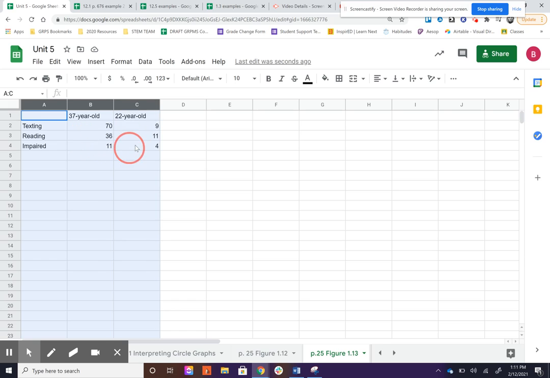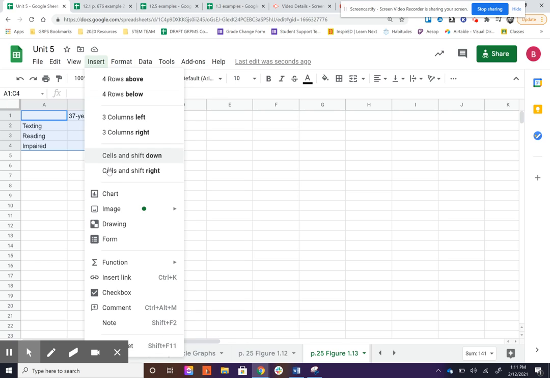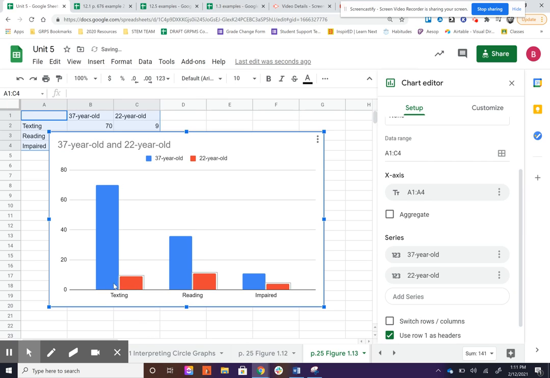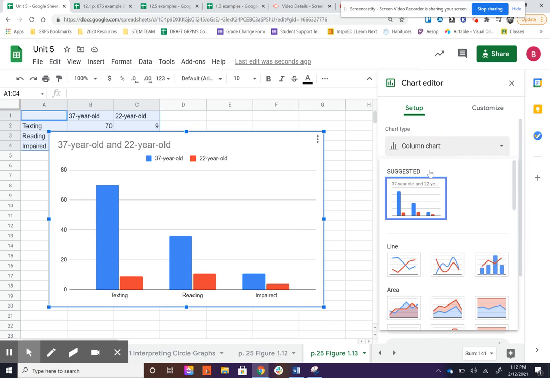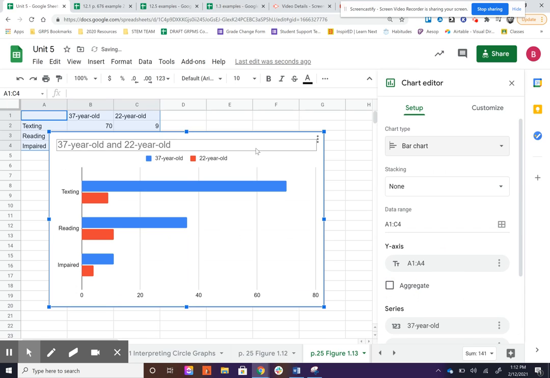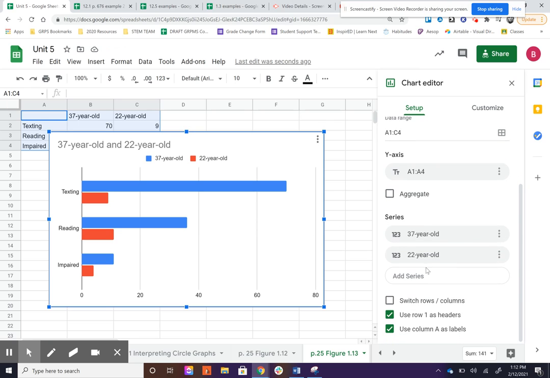So if we did this again, I just want this. Insert chart. And this time, what's interesting, I guess this one has it horizontal. So let's change ours to, there we go. And they have the labels in again.